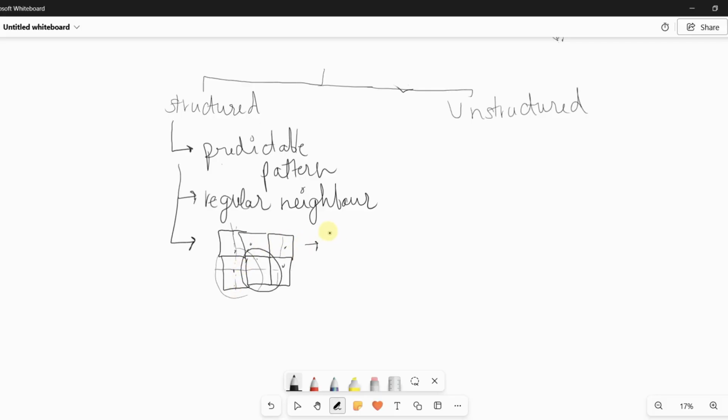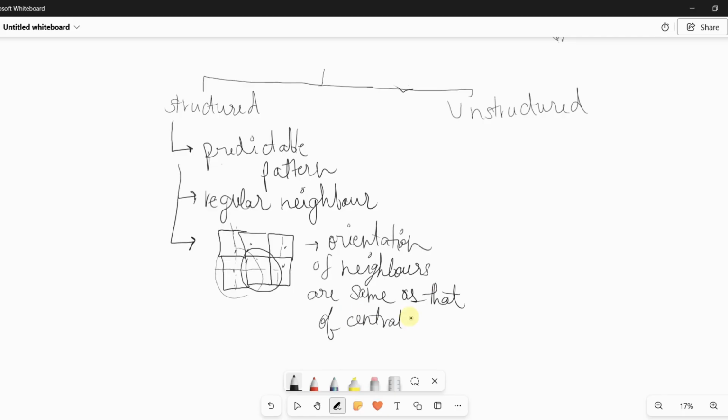So the orientation of neighbors, the neighboring cells, is the same as that of the central, or chosen, mesh element.